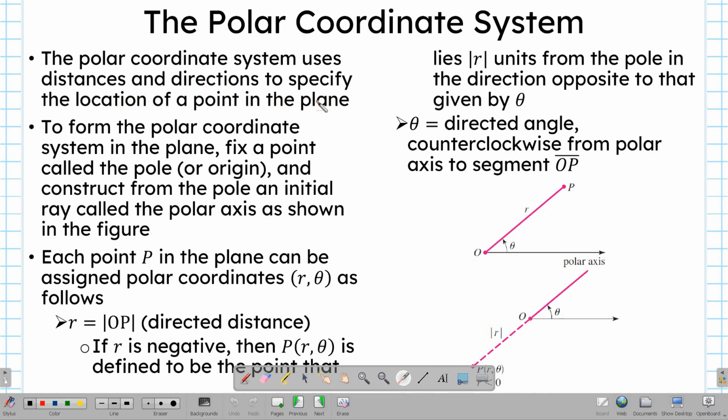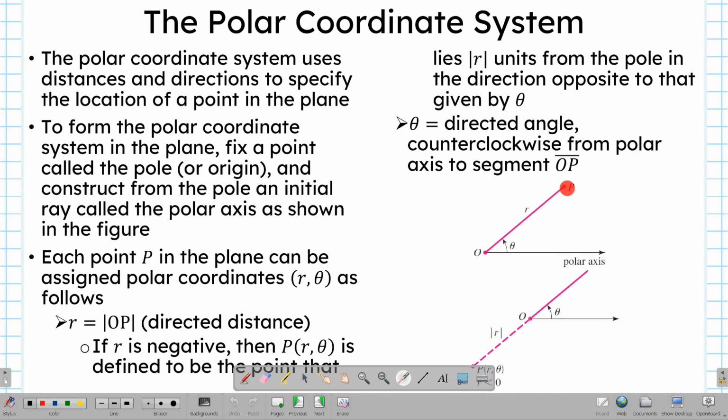To form our polar plane, we fix a point called the pole, or the origin, and then construct from the pole an initial ray called the polar axis, this one here. Then each point P can be assigned the polar coordinates r, theta as follows. R would be the directed distance from the pole to P.